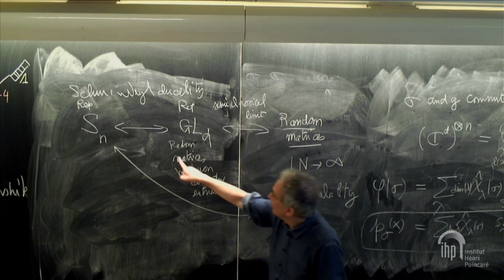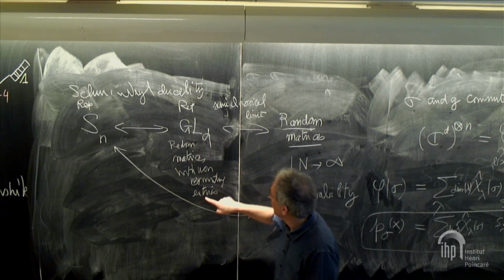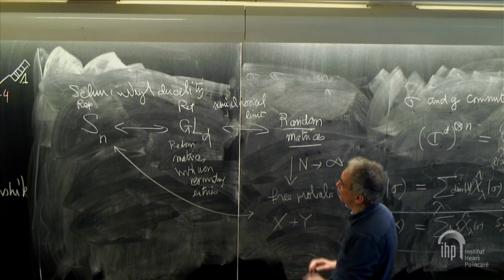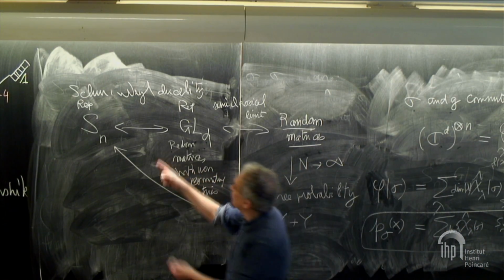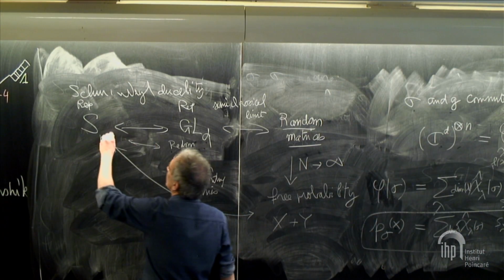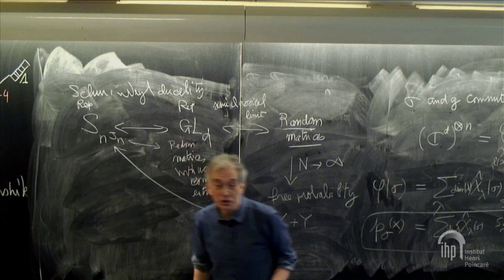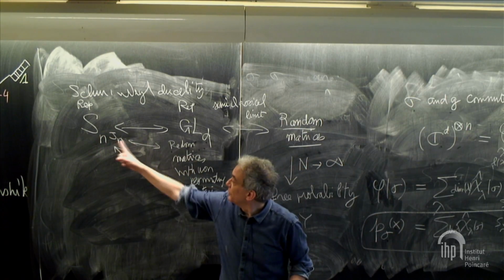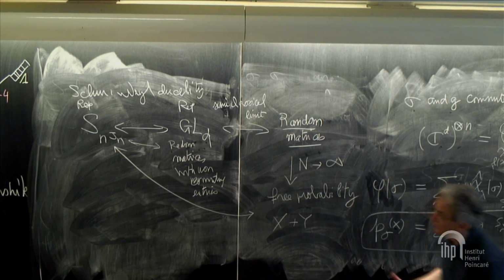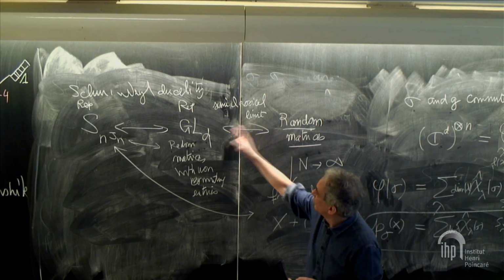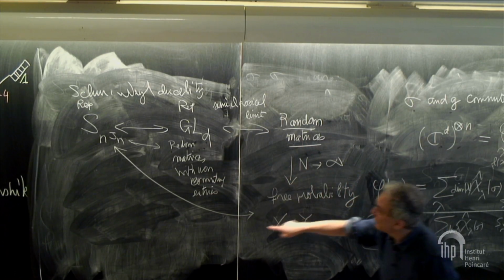And what will correspond to these random matrices, classical random matrices? We will see that the Jucys-Murphy element is what we need when we go from this to this. It gives a very natural way of introducing the Jucys-Murphy element from the point of view of representation theory of GL_d and its connection with random matrix theory.